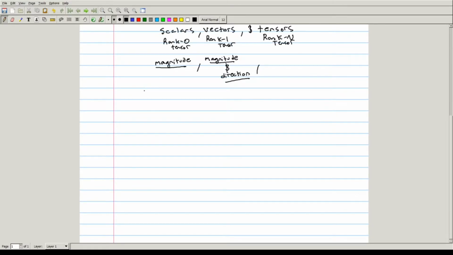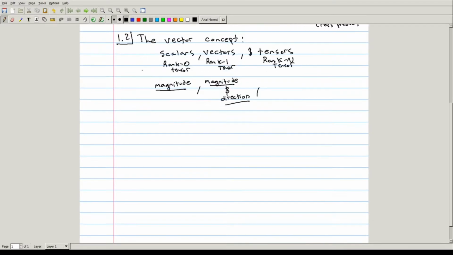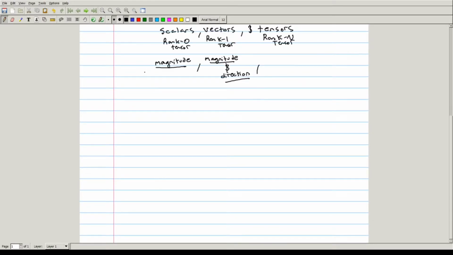So really what we're concerned with in the first part of this course is going to be vector calculus, which deals with functions of these: scalar functions, vector functions, and tensor functions. So this is what we call a scalar field.